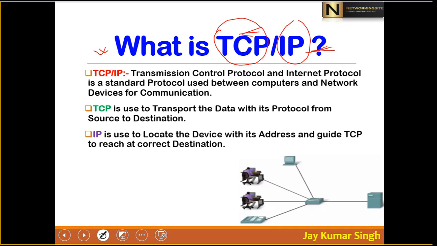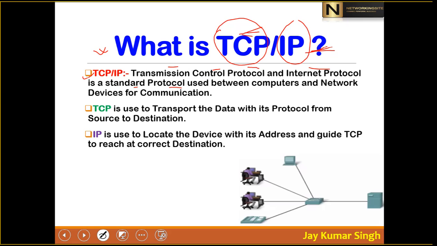What is the use of TCP/IP? TCP is Transmission Control Protocol, and IP is Internet Protocol. It's a standard protocol. Standard means you can find this technology in any computer, any server, any vendor. It's not only Cisco or Microsoft. It's an open standard.